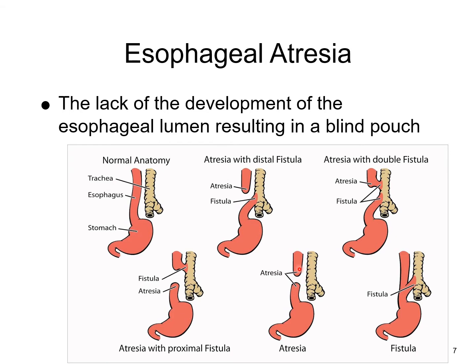Here we have an upper and lower esophagus, both with blunt ends, so we have esophageal atresia at the top and the bottom. Here we have that H format that we saw on the second image, where we have a full esophagus, a full trachea, but they have a communication between the two. And any of these are possibilities.